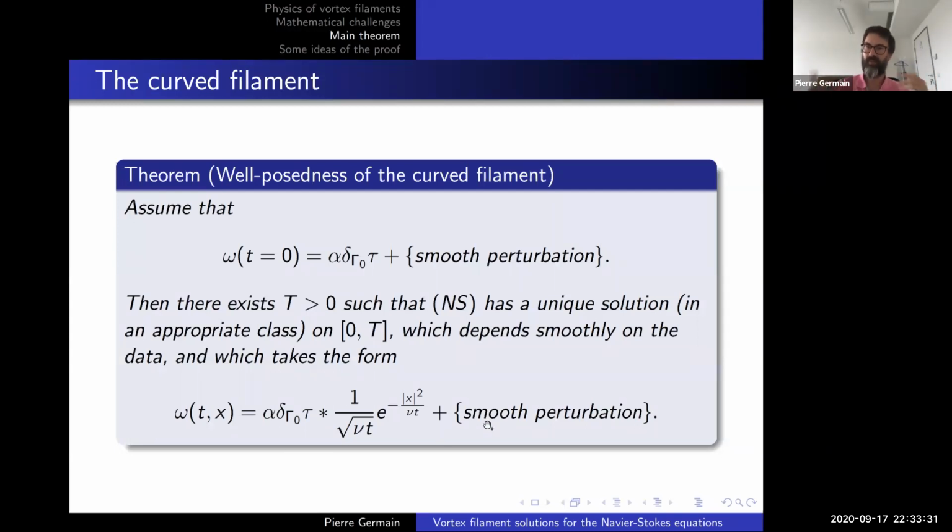So this is saying that the microscopic structure is the one you would expect. Of course, the next step would be to say something about the macroscopic structure, meaning a possible singular limit where you would have a deformation of the curve, but this seems out of reach for the moment.